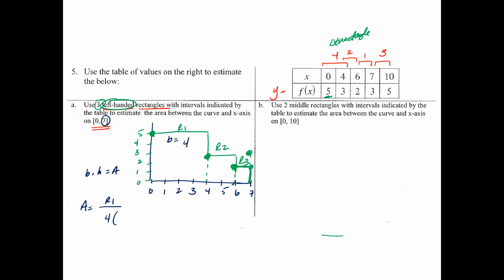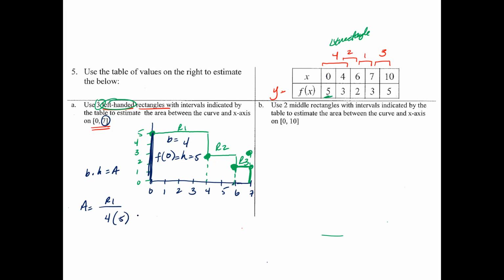So 4 times the height, you start on the left side. The height is going to be f of 5. So whatever f of 5 is going to be. Well, what is that? Well, look over here. Oh, I'm sorry, not f of 5, sorry. F of 0, sorry, x is 0. So f of 0 is going to be 5, so your height is 5.